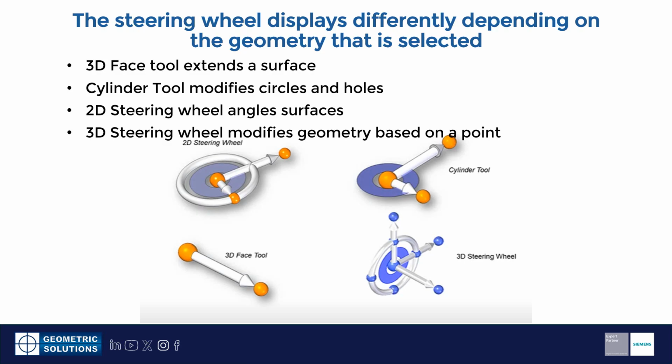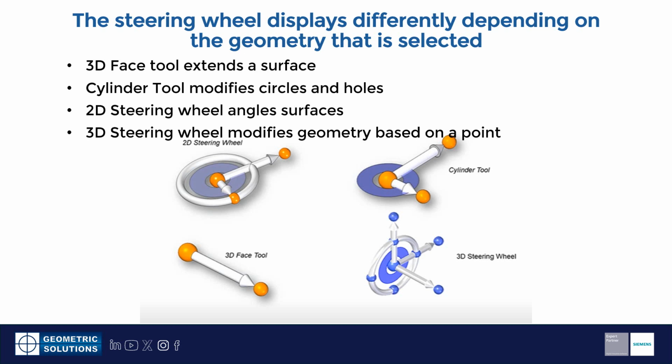This function is used to extrude material by adding additional material to the part or removing material from the part. The cylinder tool. This is used to change the size of an existing hole or curved surface without the need of entering or modifying a sketch.